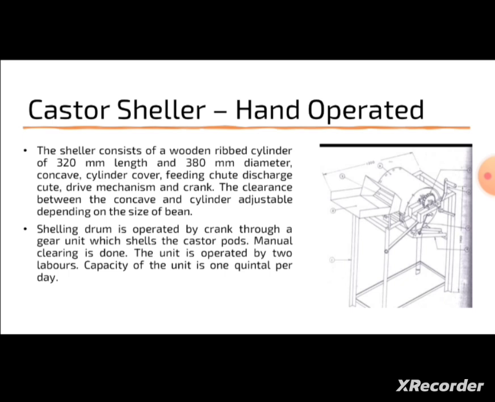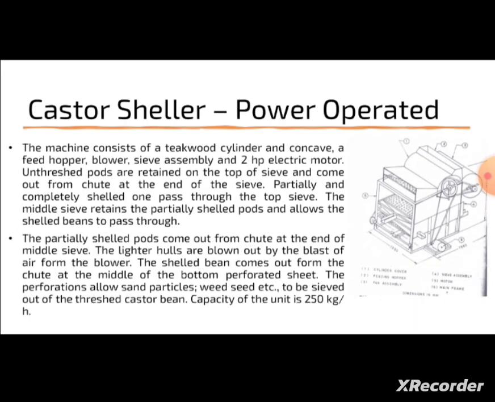The unit is operated by two levers, and the capacity is lower compared to the power operated one. The power operated one has a cylinder and a concave, a feed hopper, a blower, and an electrical motor. The electrical motor supplies power to the cylinder and concave where the castor pods are placed for the shelling operations. The partially shelled pods come out from the chute at the end of the middle sieve.